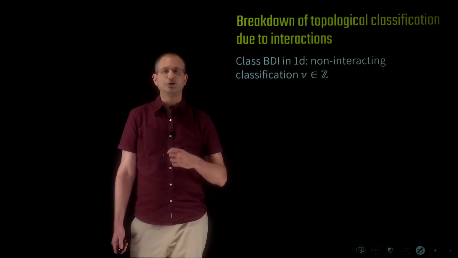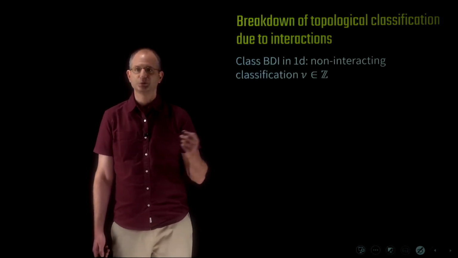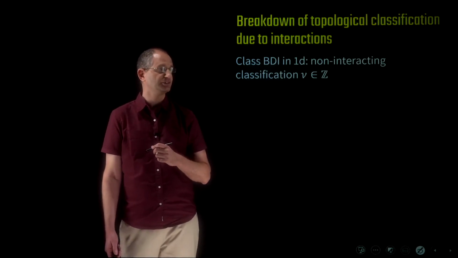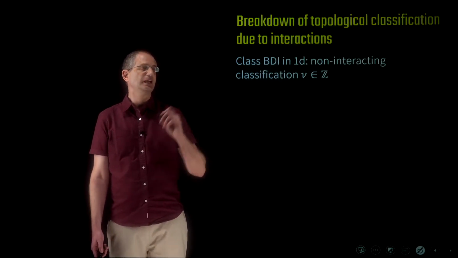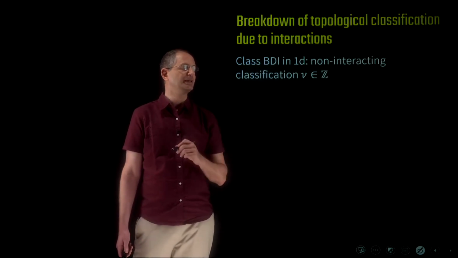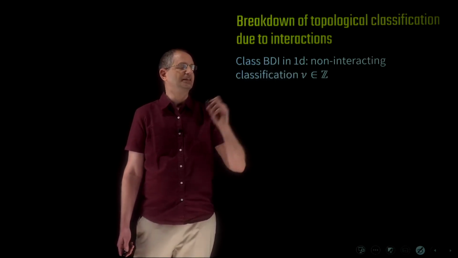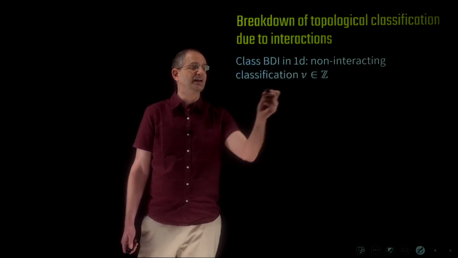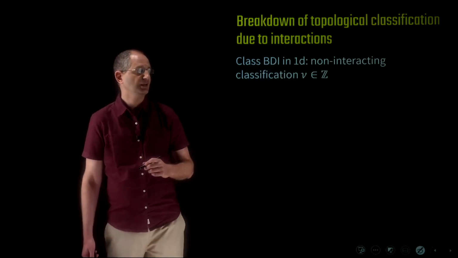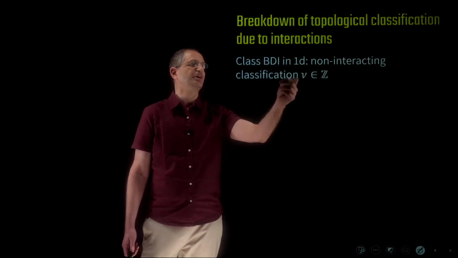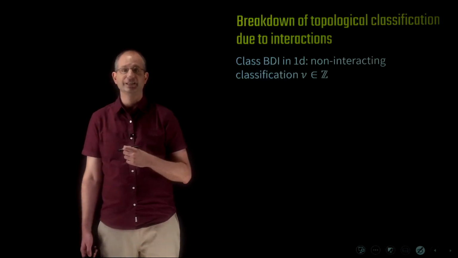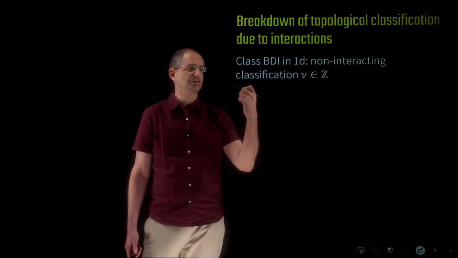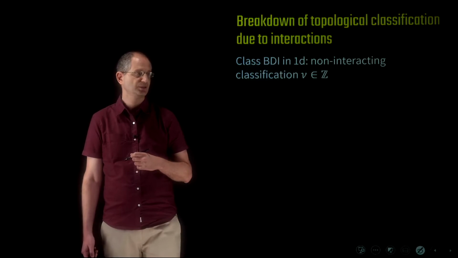Okay, and we'll focus on one particular example, which was actually the first that was discovered of this phenomenon. And this is class BDI in one spatial dimension. In the non-interacting case, we've actually analyzed this symmetry class before, and this is classified by an integer-valued invariant. So for any integer, there's a distinct topological phase.